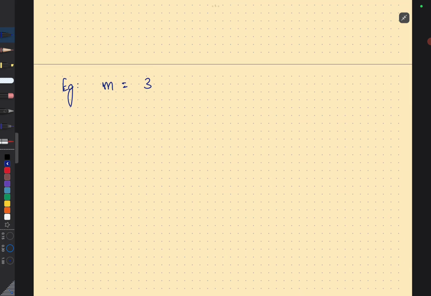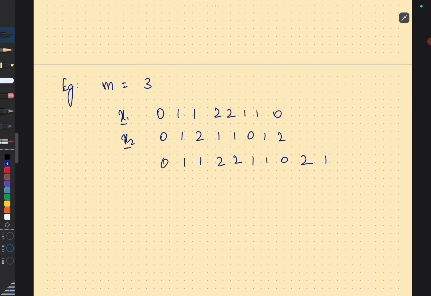So I have a sequence, say 0, 1, 1, 2, 2, 1, 1, 0, and I have 0, 1, 2, 1, 1, 0, 1, 2. And take another sequence, say 0, 1, 1, 2, 2, 1, 1, 0, 2, 1. Let's call these x1, x2, and x3.